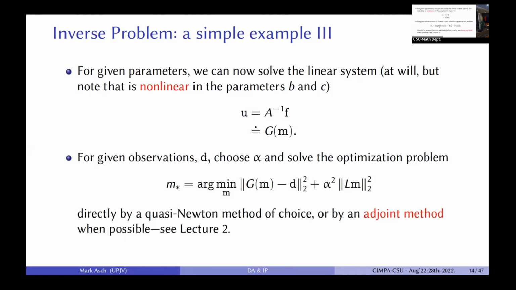Usually this is done by a quasi-Newton method, or what is mostly used in data assimilation and in other inverse problems is what we call the adjoint method, because the adjoint method has the advantage of giving us an expression for the gradient of the cost function.